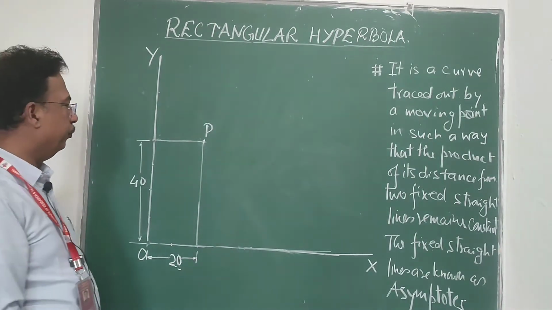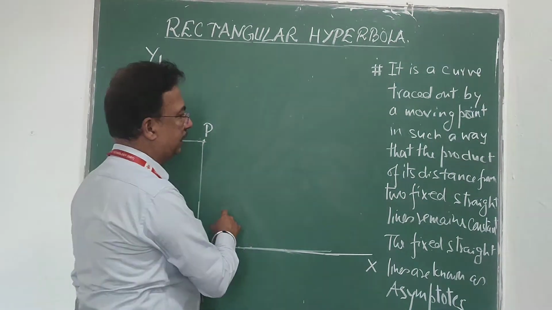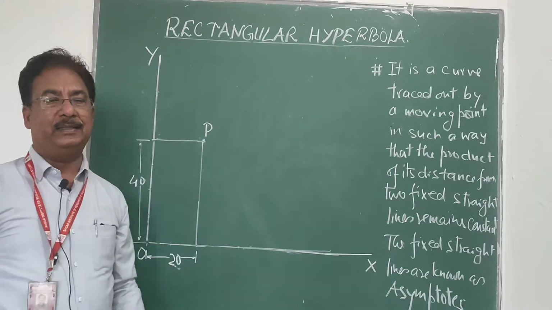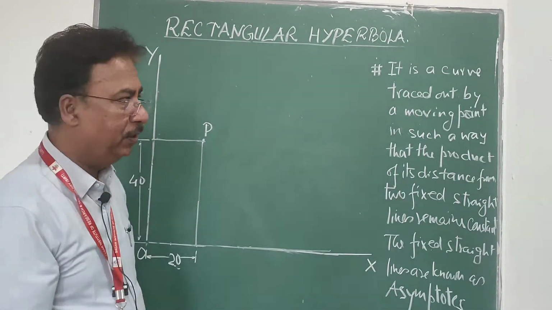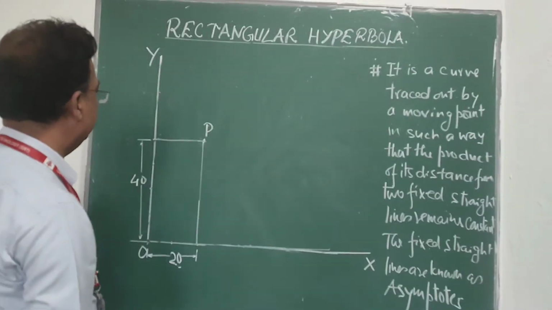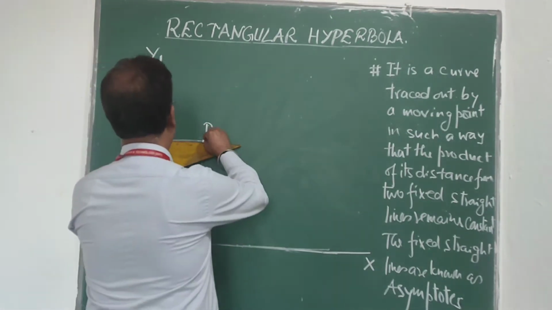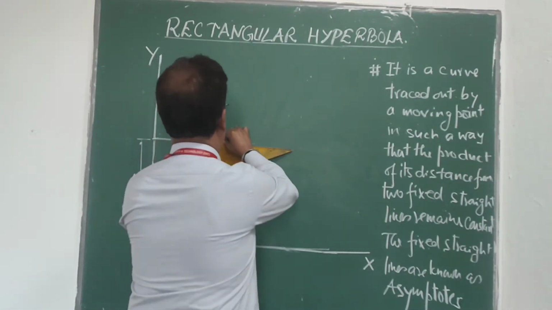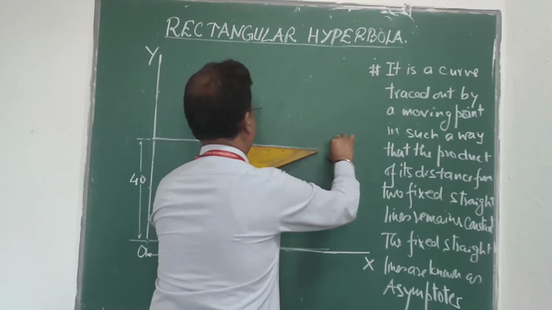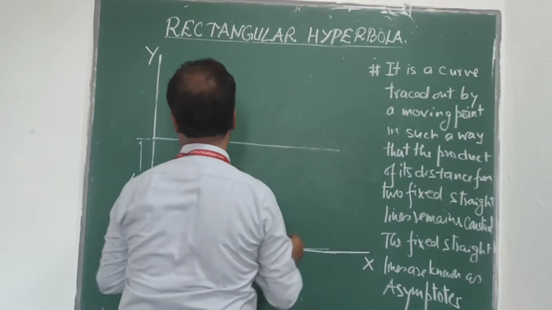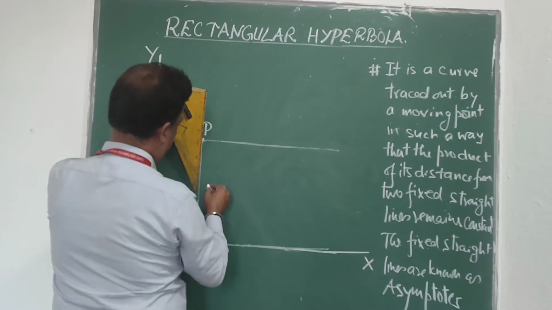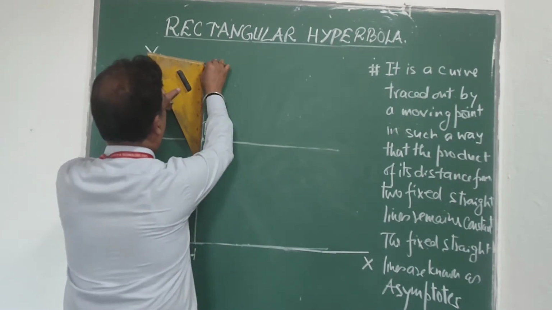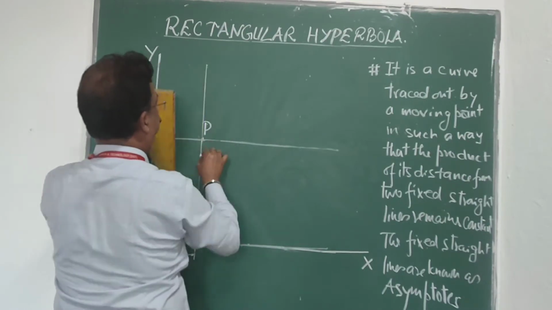Now this point P will move in such a way that the product of the distances from these two asymptotes remains the same. So the method will be like this. From P I will draw a line perpendicular to the OY axis and also extend this line in the opposite direction like this, and from P, the perpendicular line on the OX, I will extend this line upside also.